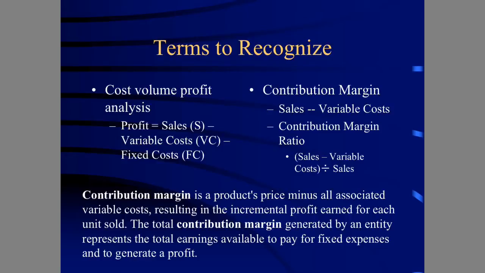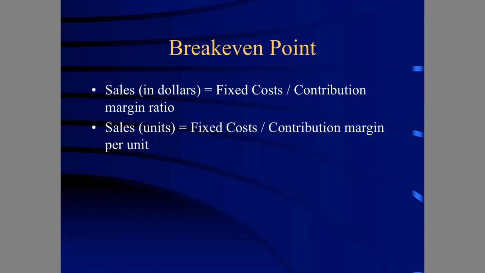The total contribution margin generated by an entity represents the total earnings available to pay for fixed expenses and to generate profits. So the formula for contribution margin is as follows. It is sales minus variable costs divided by sales, which gives you the contribution margin ratio.